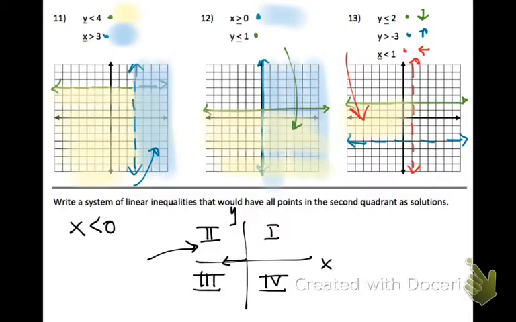We need our y values to be all of these that are above where y is 0. So y is going to be greater than 0. If we shaded where x is less than 0, that would be here. If we shaded where y is greater than 0, that would be there. And you can see the double shaded area is that second quadrant.